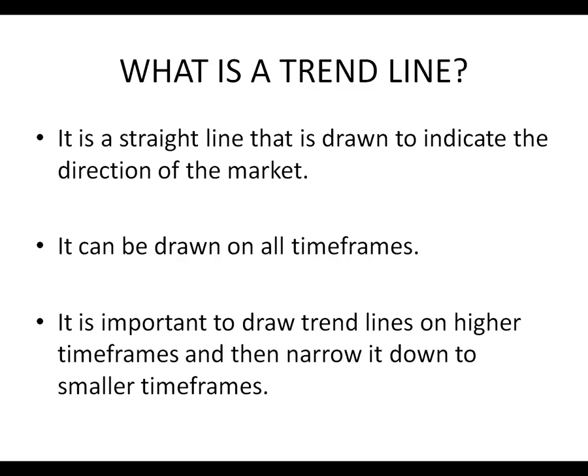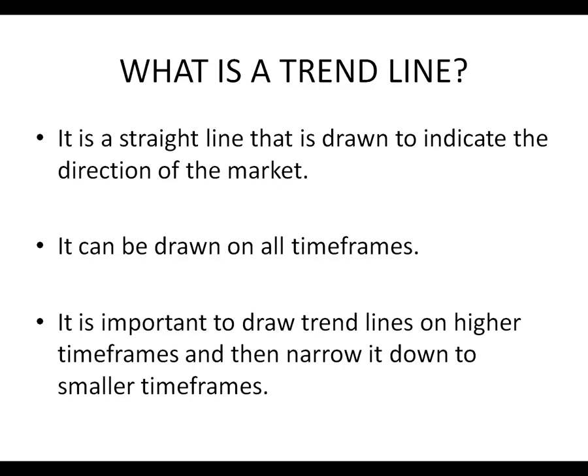If you can forecast the direction of any currency pair, for instance, Euro USD, if you can give a forecast to know the next move or the next direction of Euro USD, then it means you are 99% complete in terms of trading. So trend lines are straight lines that are drawn on the MT4, MT5, or whatever trading software you are using, which helps you to forecast the direction of the market.